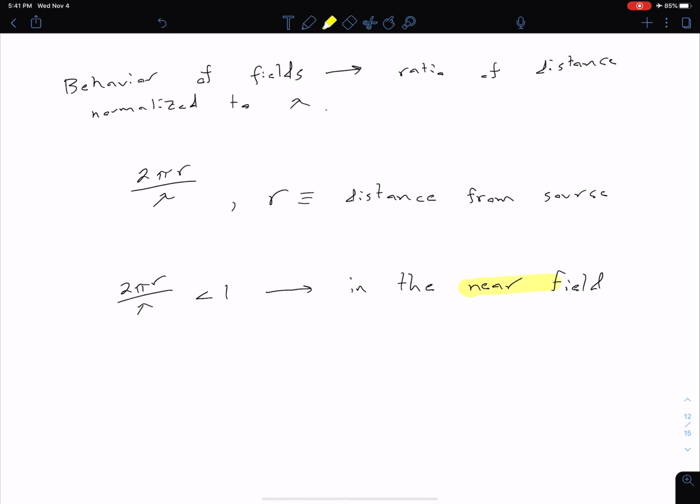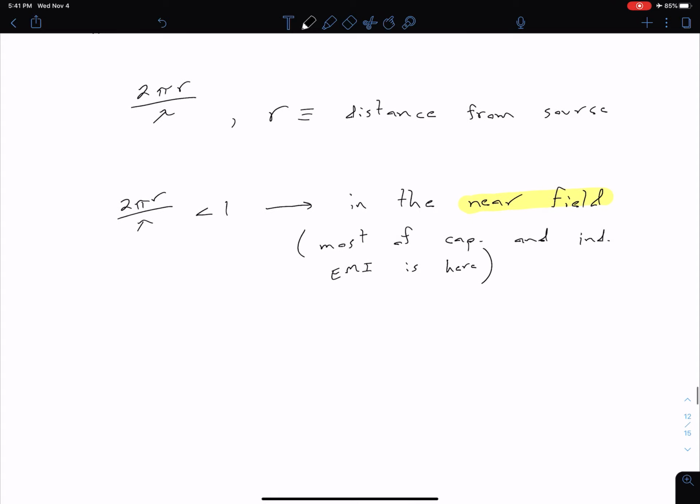So this near field is an important term to understand as we work in electromagnetics. And it turns out that in the near field is where we have most of our capacitive and inductive electromagnetic interference taking place.